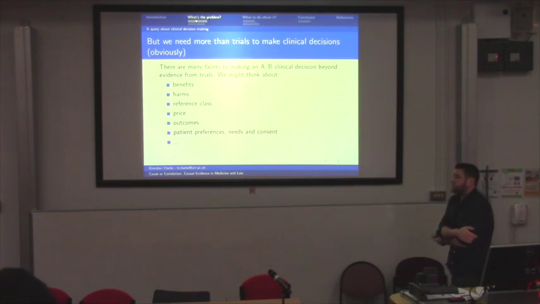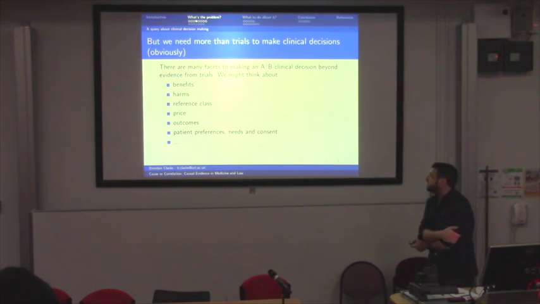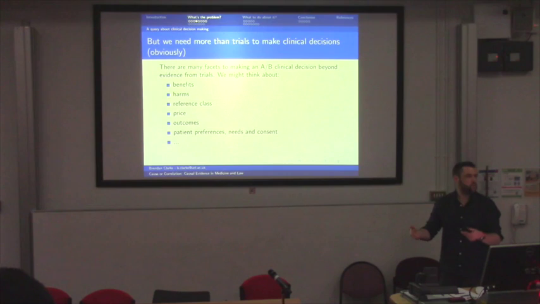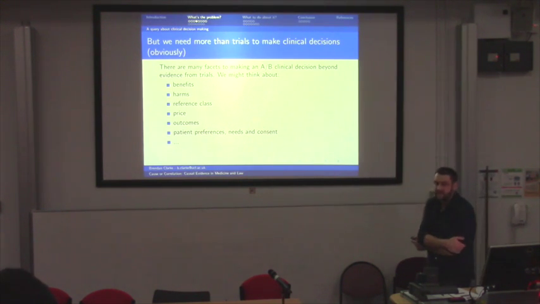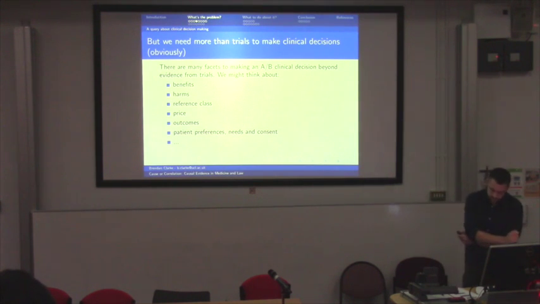We need to think about some other stuff as well, like price and the kind of outcomes that we want from the treatment, right? Is there any point in giving somebody medicine to treat their high blood pressure if they're already dying of 6 or 7 other things at the same time? That might well change your decision. And then I've rather patronisingly lumped together lots of patient factors, and particularly things like consent, as being another facet of this rather complicated decision.